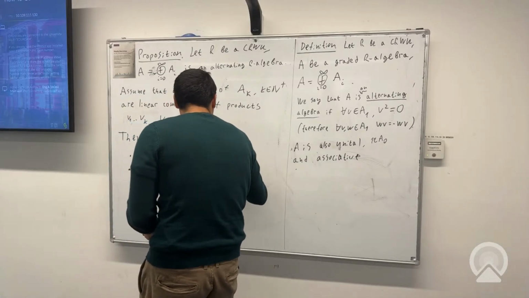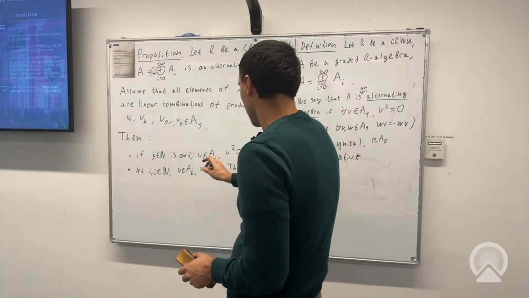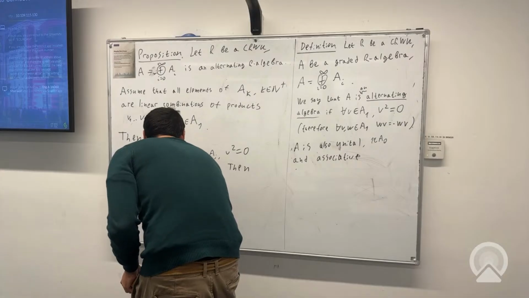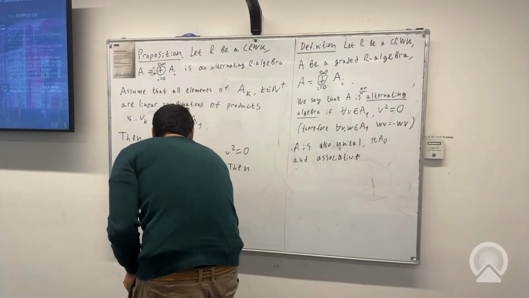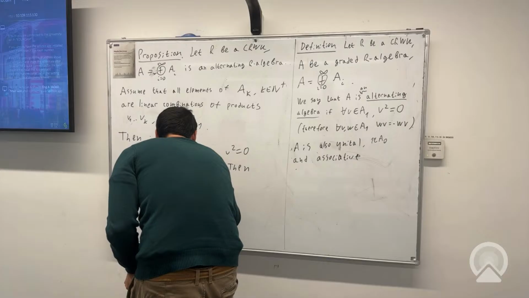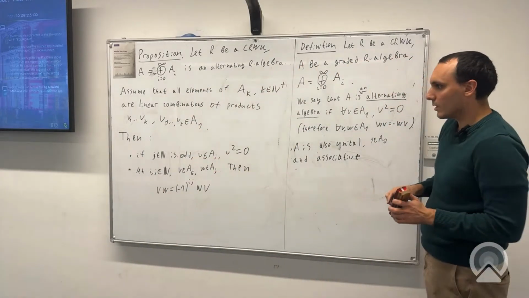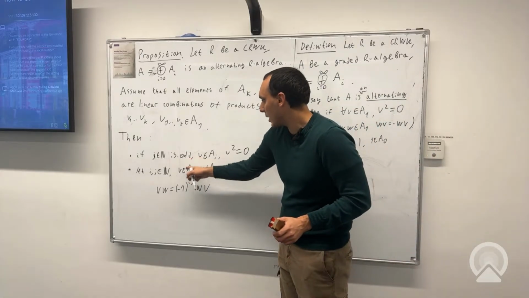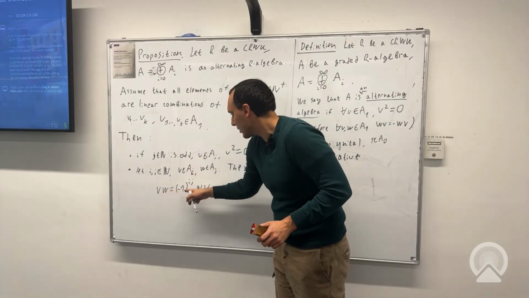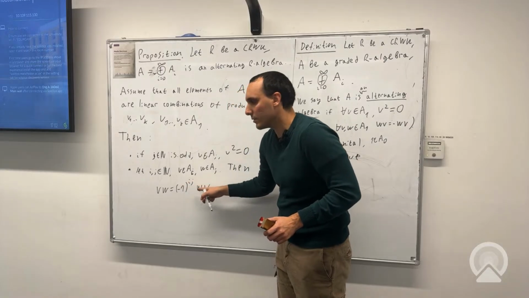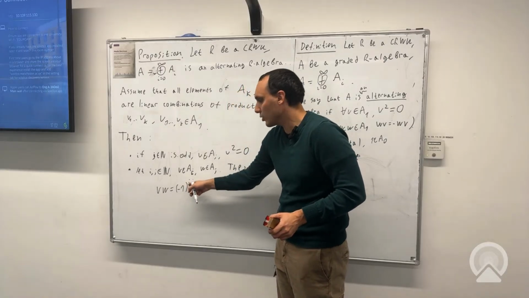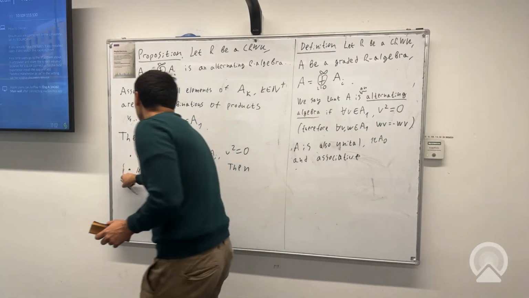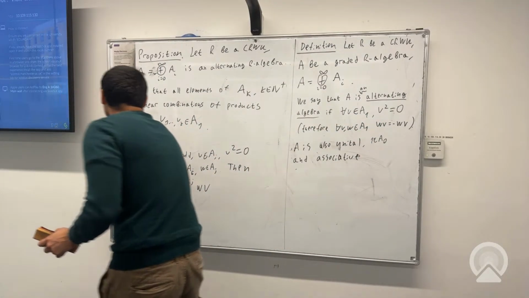Then, sorry for the language, V times W is minus 1 to the power ij of WV. So this is a consequence of this, because if the power is odd, I have that V squared is minus 1 to the odd power of V squared, which is negative. So from this follows this.